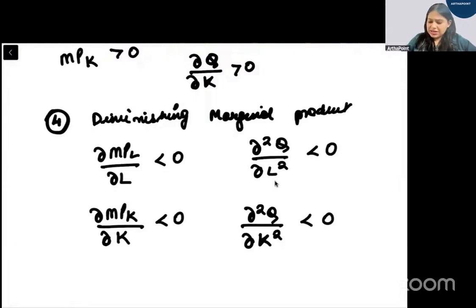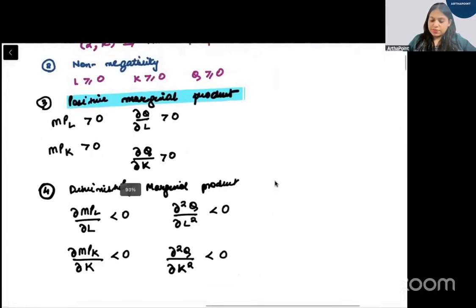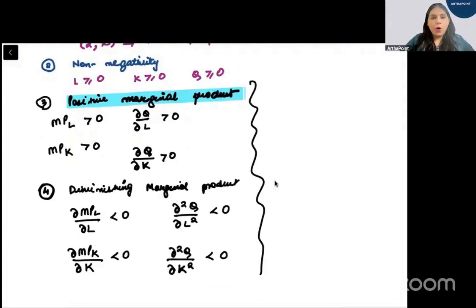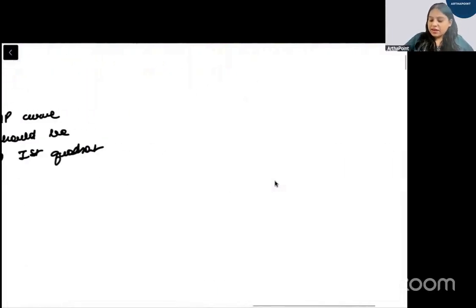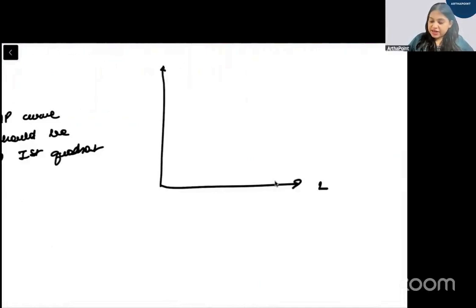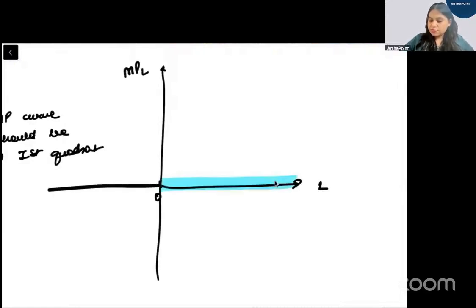Right? So if I combine these two things together, iska kya matlab hai? Positive marginal product says that my marginal product curve should be in the first quadrant. Mane, if I take labor here and marginal product here, ठीक है? हमें पता है that here labor has positive values. Here marginal product is positive.